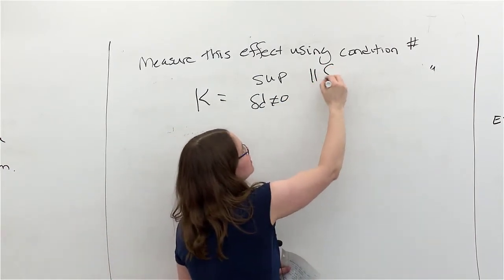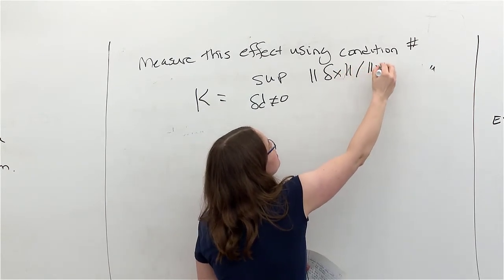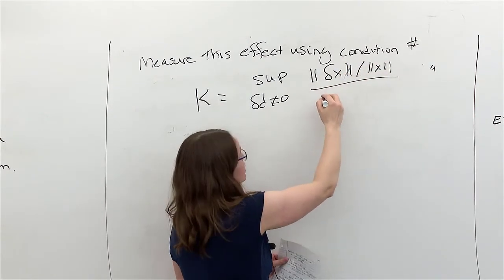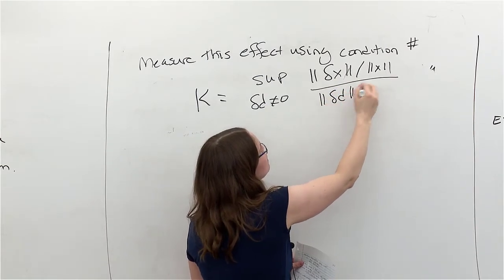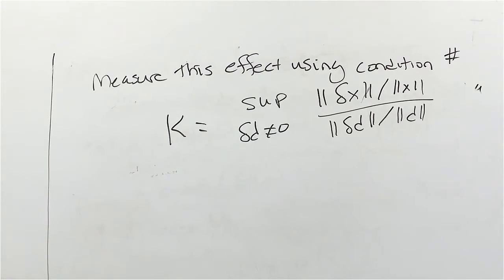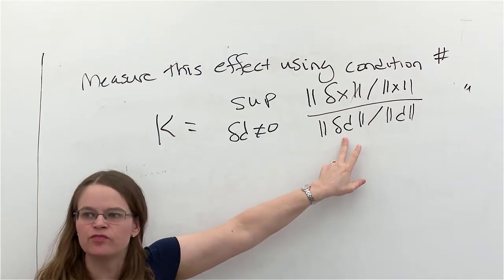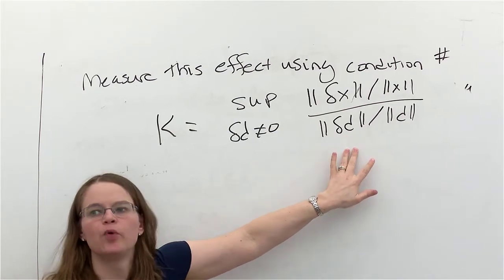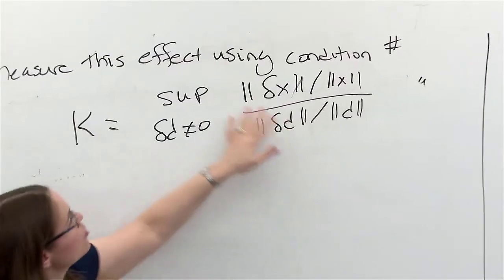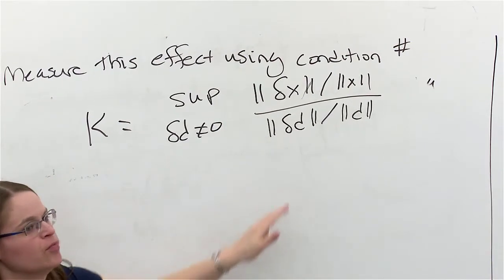We're going to take the ratio of the relative error in X to the relative error in D. So in our example that we just did, the relative error in D was very small, right? It was on the order of 1%. The relative error in X was very large, right? So the condition number was large over small.